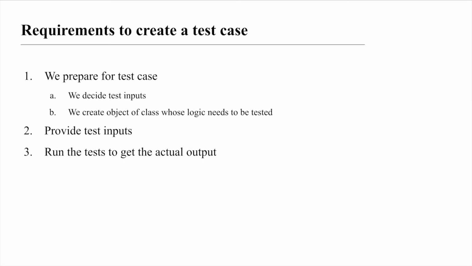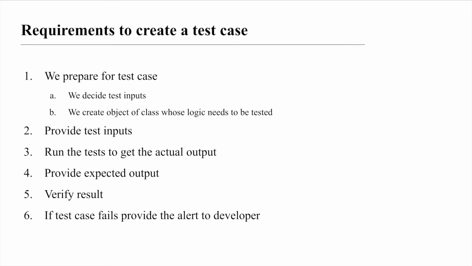We run it, we provide the expected output, and then we verify the result in step 3 with the expected output in step 4. And if that test case fails, we provide some alert to the developer like, hey developer, this test case is failing. We expected this, but the actual result is this. So go ahead and check.